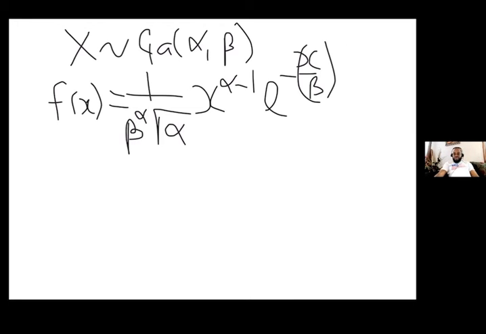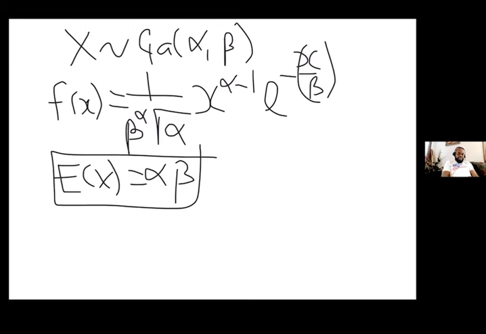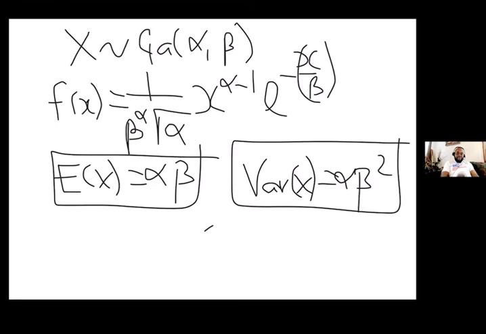Now the question is, we want to show that the mean of gamma is alpha beta and that the variance of x is alpha beta squared. We want to derive that. So how can we show that the expected value of x is alpha beta, and the variance of x is alpha beta squared? That's what I want to show you right now.